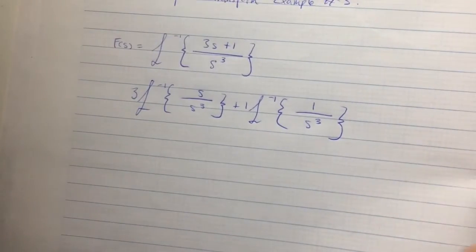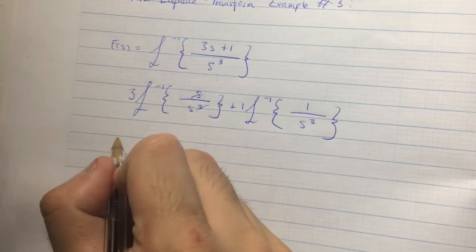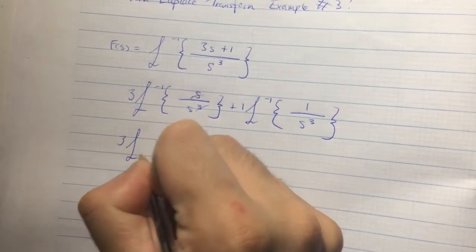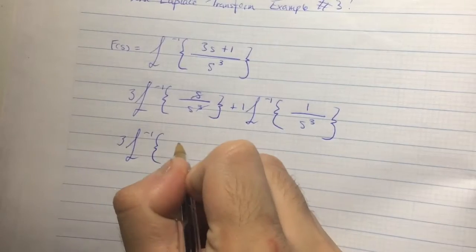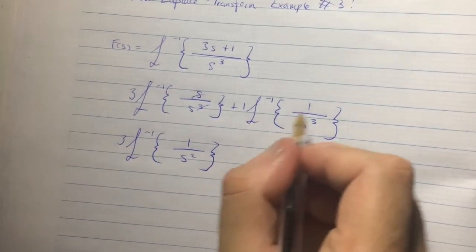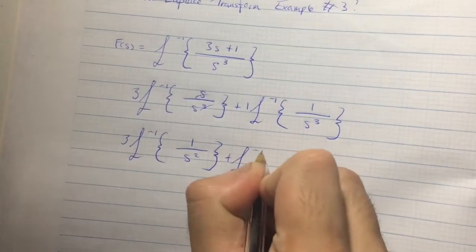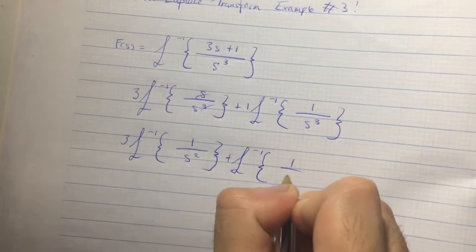So this rule is starting to look a little obvious, the s's can cancel out, so this is 3 multiplied by the inverse Laplace transform of 1 over s squared, and then plus the inverse Laplace transform of 1 over s cubed.